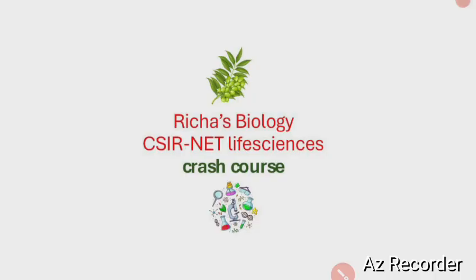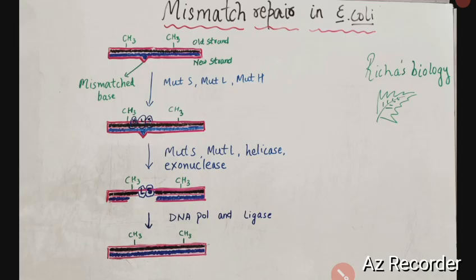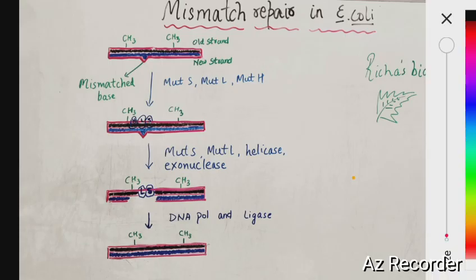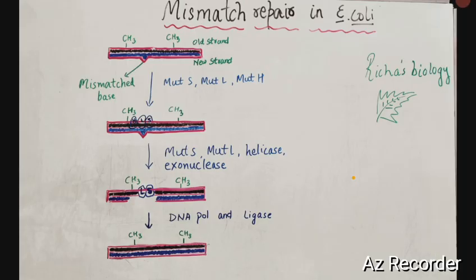So, today in Richa's Biology CSIR NET Life Sciences Crash Course, I'm going to talk about DNA repair, that is the mismatch repair mechanism in E. coli. You can see here, mismatch repair.